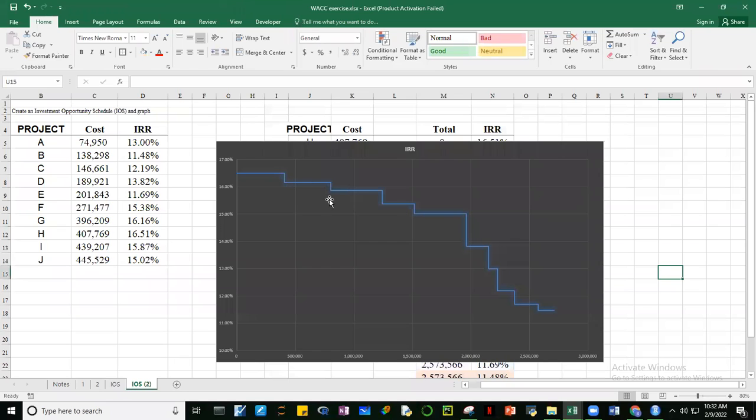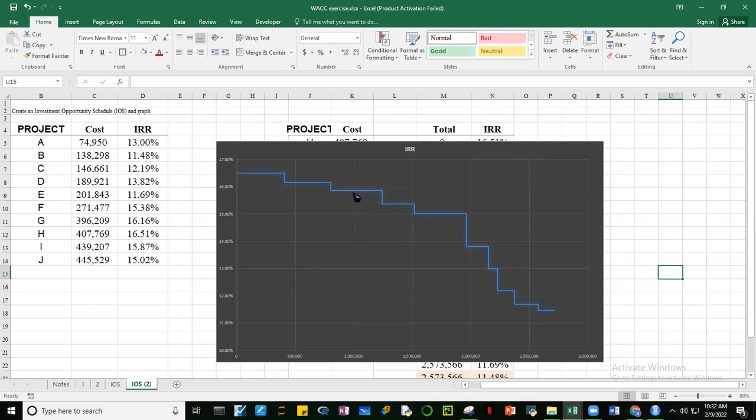Okay, this is plotting your IRR and your budget. So kunyari, kung ang budget natin is only up to 1 million. Ito lang yung ang budget natin, 1 million lang.